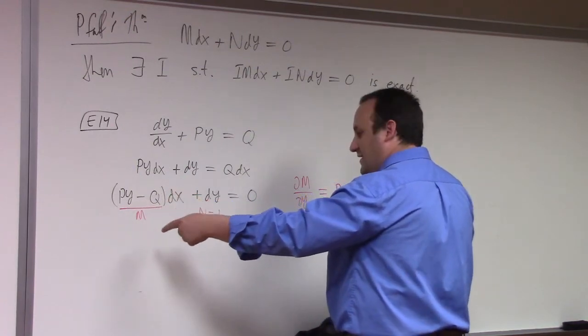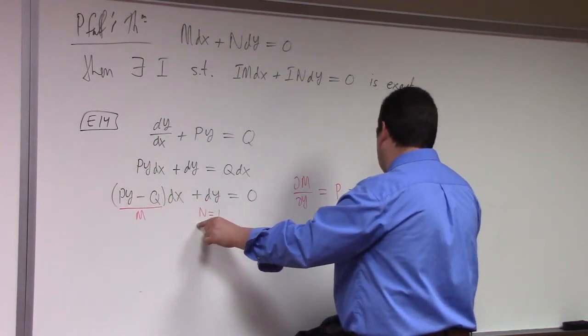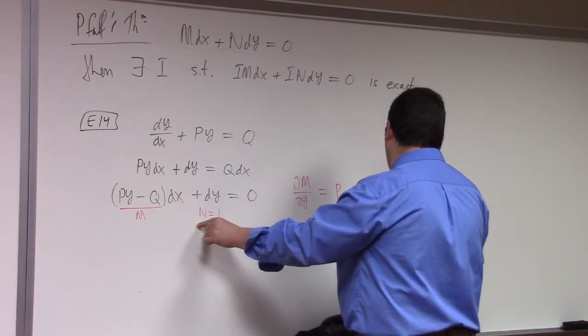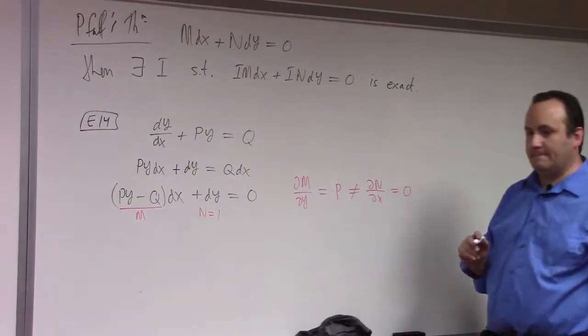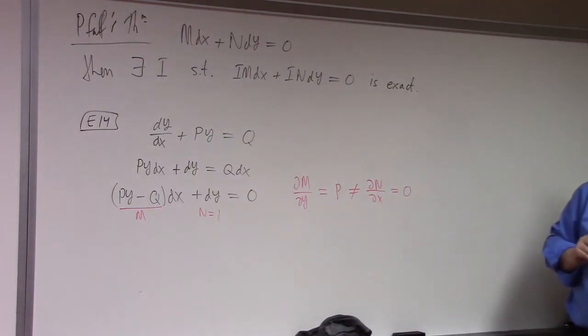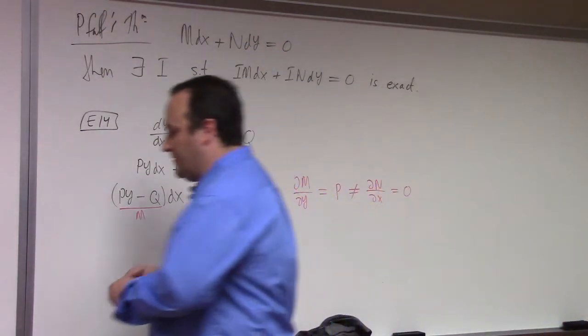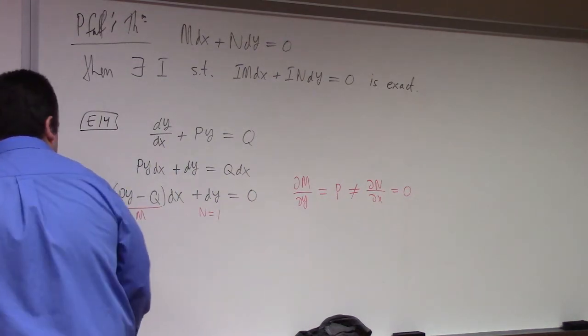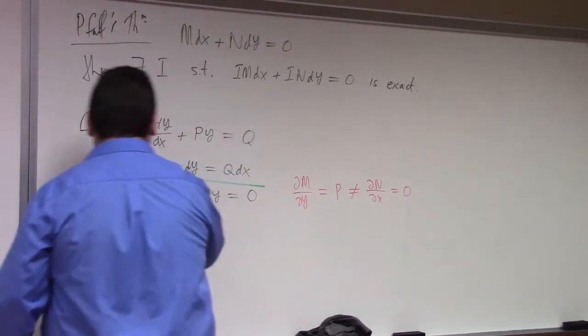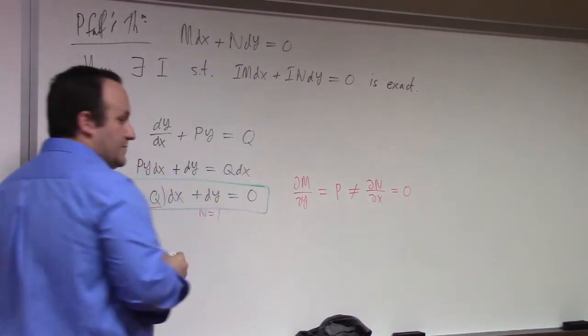And of course, p is not usually going to be equal to partial n partial x, which is 0, right? But Pfaff's theorem says you can find some I such that if you multiply star by I, it makes it into an exact differential equation. Like you can take this thing here and make it exact by multiplying by I.